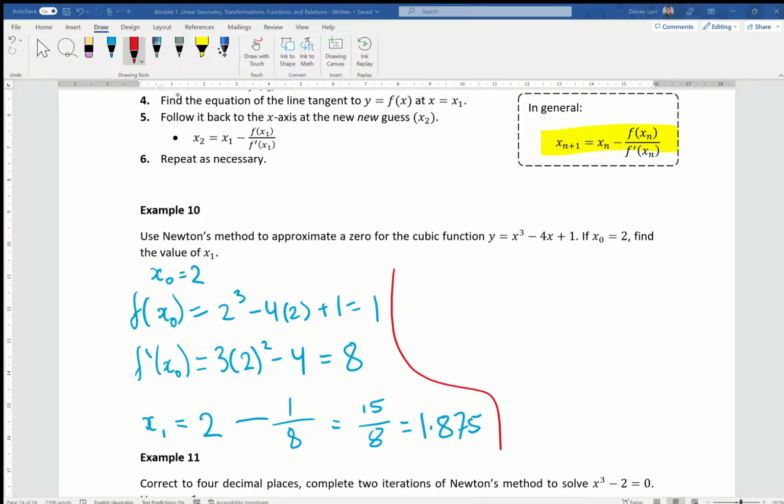So I know that that's going to give me, I'm going to switch this to decimals, f of x1 equals, and I'm going to approximate it to 0.092. And then I'm going to put the differentiated version.